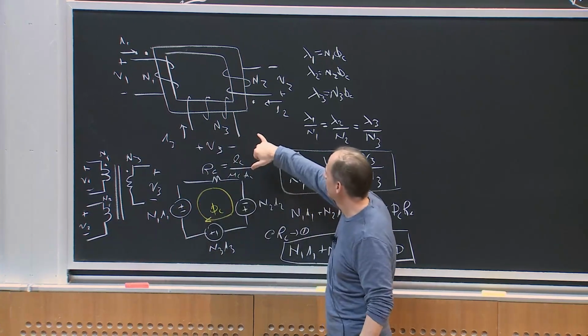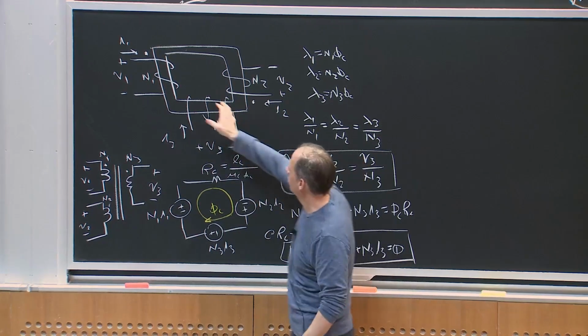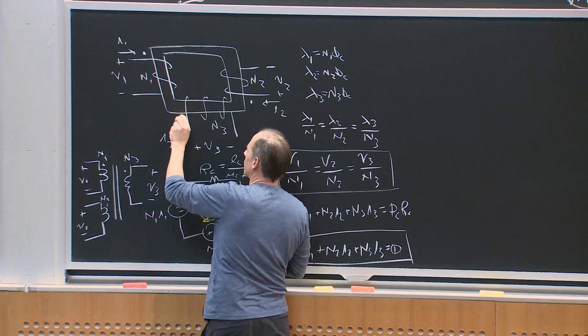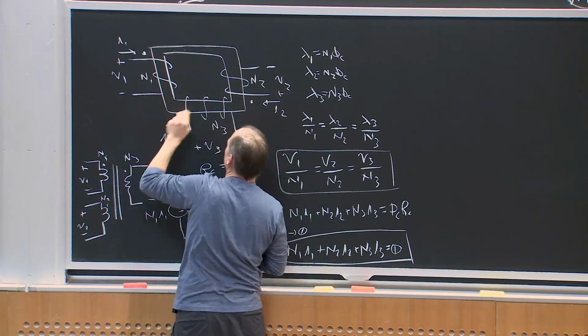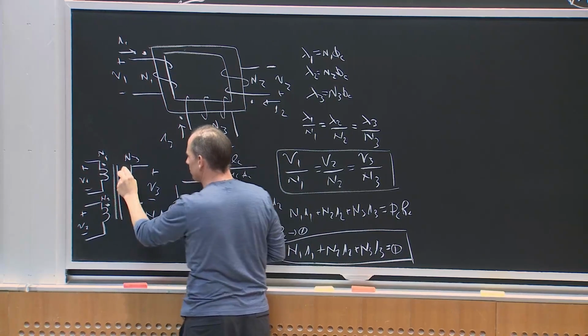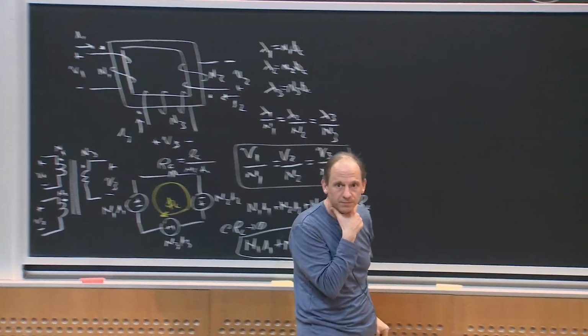And because we can talk about which way the currents in each of these windings throw flux around the core, we can draw the dots of the individual windings, and you see this like this. Okay? Any questions about that?